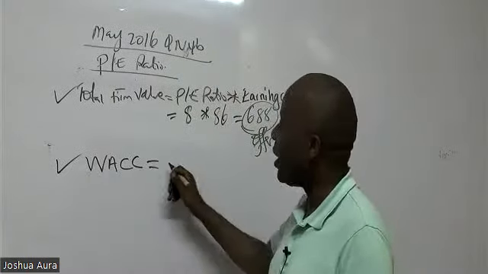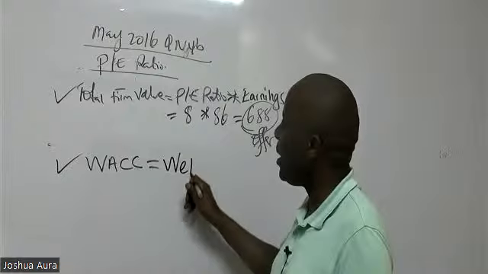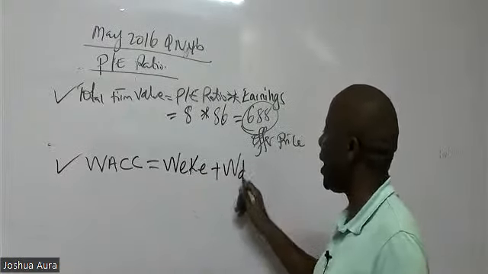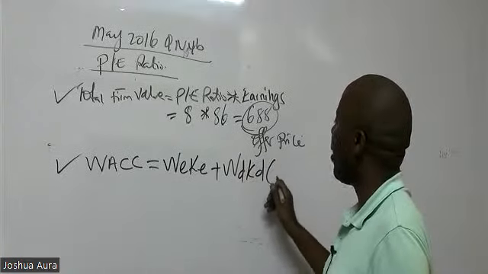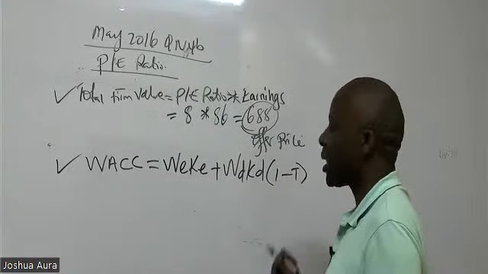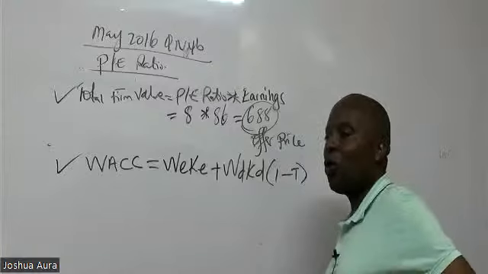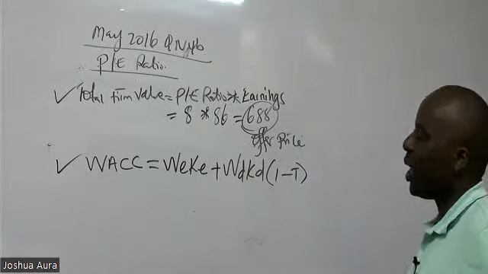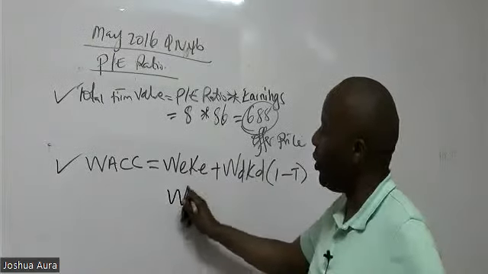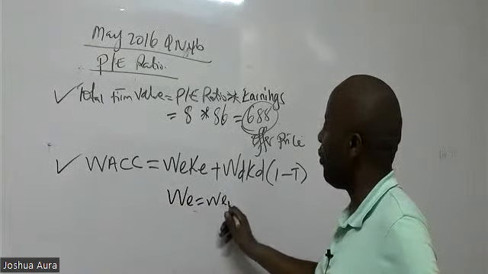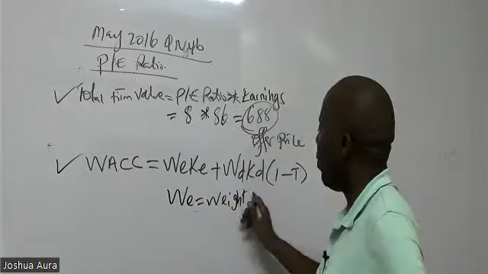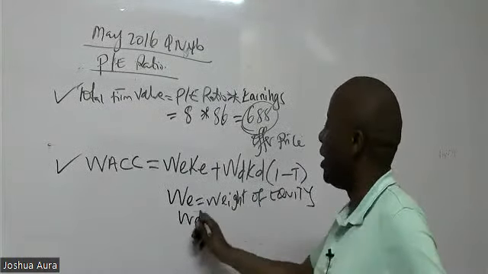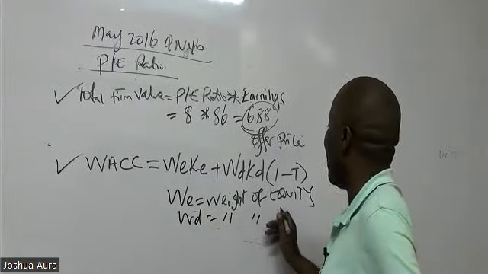On this WACC, we normally take weight of equity times cost of equity, plus weight of debt times cost of debt. But remember that cost of debt is tax allowable, so for cost of debt you must always subtract tax. When we talk of WE, this is the weight of equity. WD is the weight of debt.